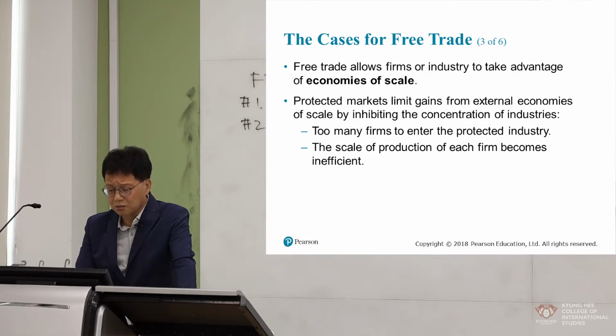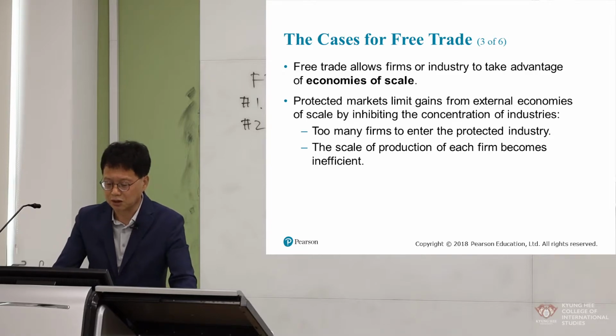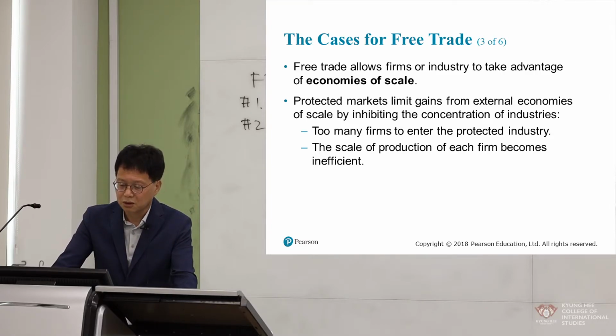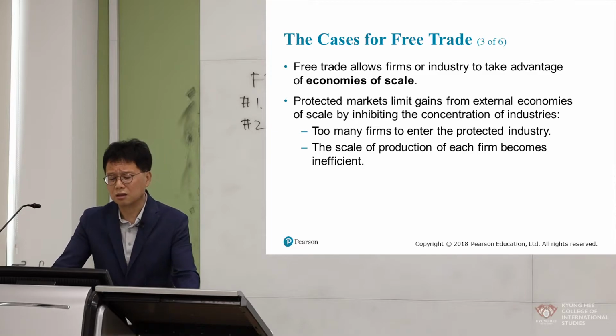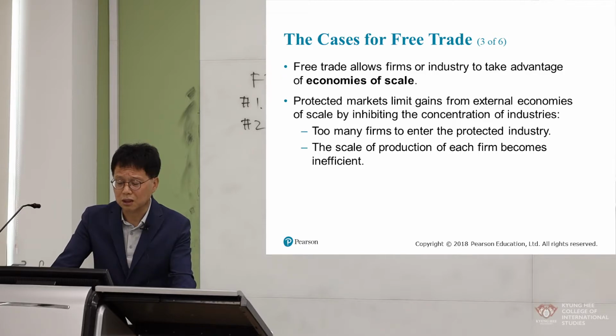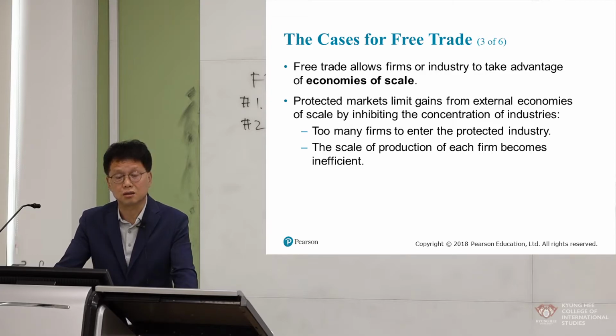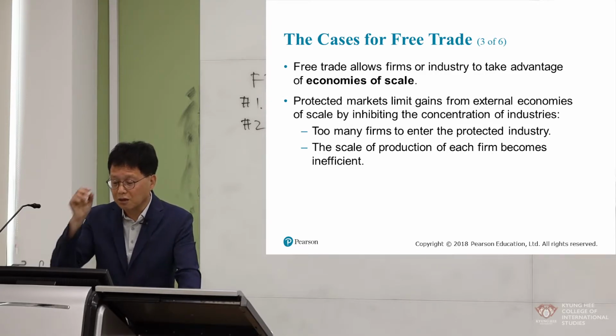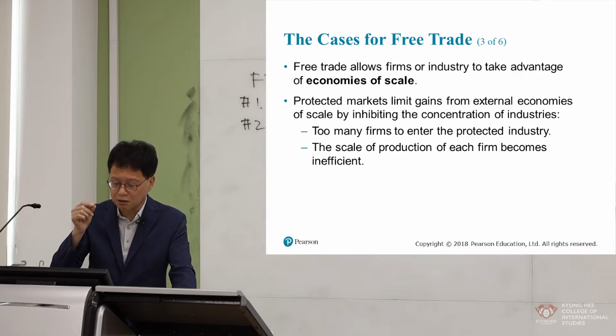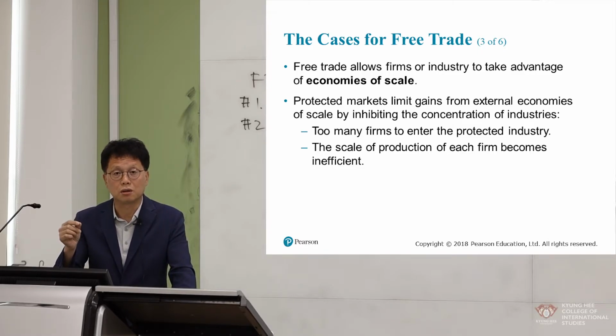Okay, so if protection occurs, for example in Korea, too many firms, right? What is a good example for this? Think about the bakery industry in Korea. Because of the 골목상권법, the Korean government's policy, there are too many bakeries, right? So one bakery shop's production is very small, okay?